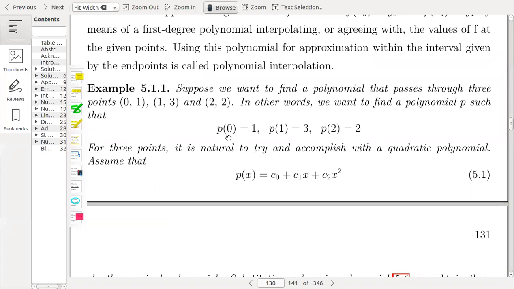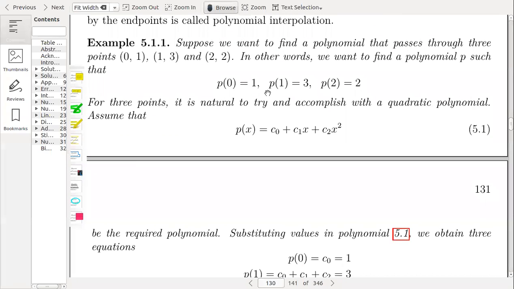Here is an example. Suppose we want to find a polynomial that passes through 3 points. It is very clear that if we want to construct a polynomial that passes through 3 points, this polynomial will be of degree 2, or we can call it a quadratic polynomial.